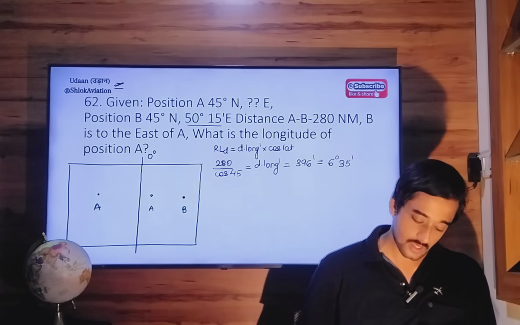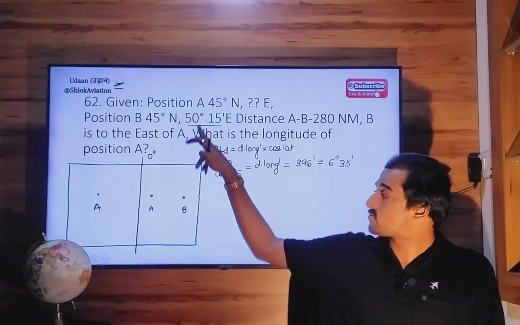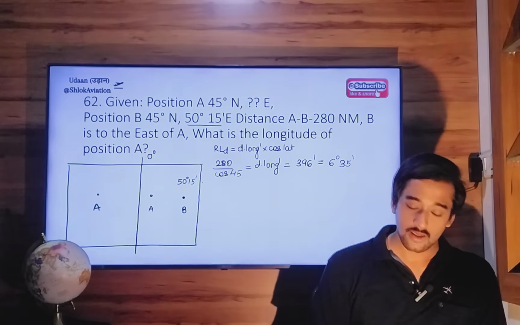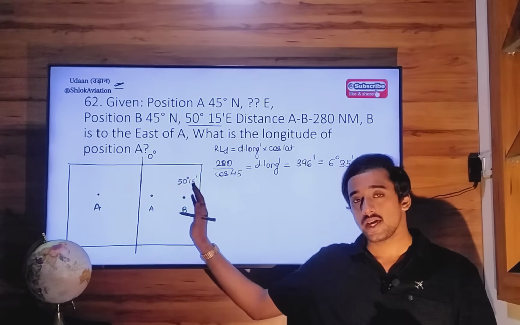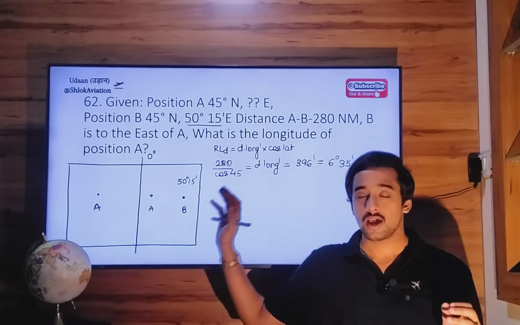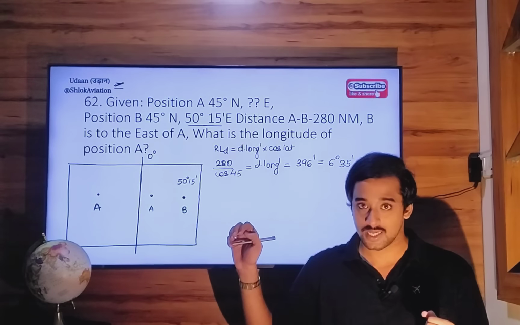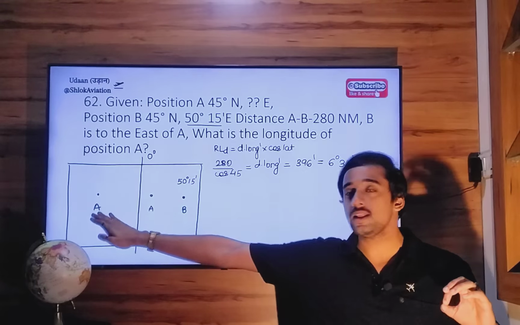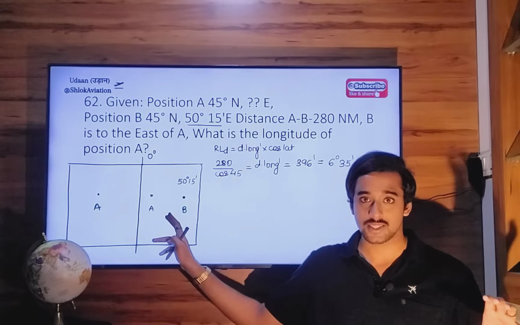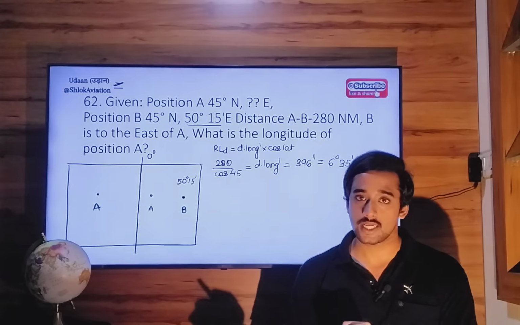Okay. How do you know that? See, the longitude of Bravo is 50 degree 15 minutes east. Now the difference between your prime meridian 0 degree and 50 degree 15 minutes is how much? The difference is 50 degree 15 minutes, right? Now if the D long that we have found out just now were to be more than 50 degree 15 minutes east, then our position A would fall in western hemisphere. But now the difference is less than that, so we are certain our point Alpha is in the eastern hemisphere.